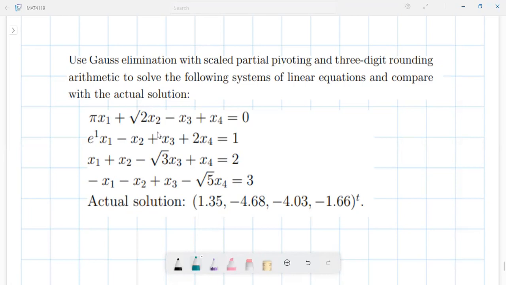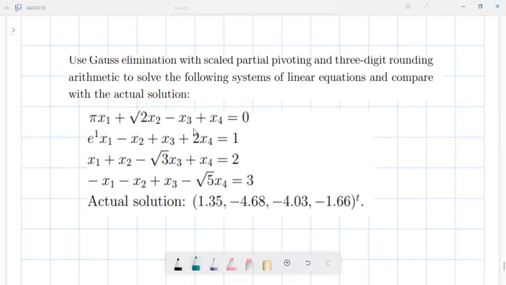In this video, I'm going to solve a problem on numerical analysis. This problem is on systems of equations using numerical methods. The question says to use Gauss elimination with scaled partial pivoting and 3-digit rounding arithmetic to solve the following systems of linear equations, and also to compare with the actual solutions.